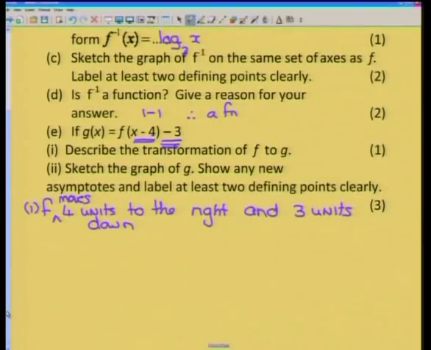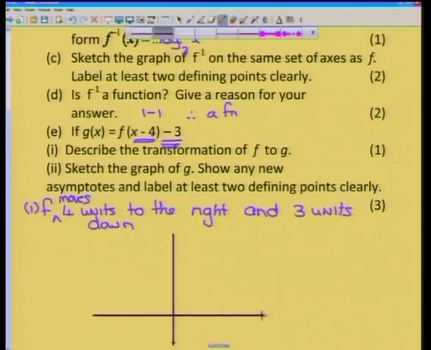Right, number 2 says, sketch the graph of g and show any new asymptotes and label at least 2 defining points clearly. Now, the easiest way to do that is to basically use the work we have done originally for f. What did we know for f? We knew that our defining point was at minus 1, 1/3.